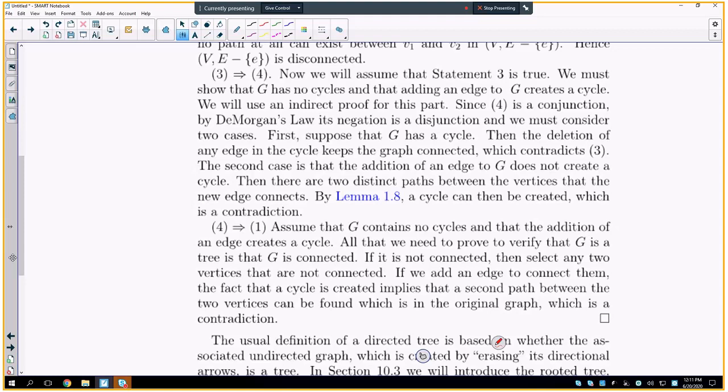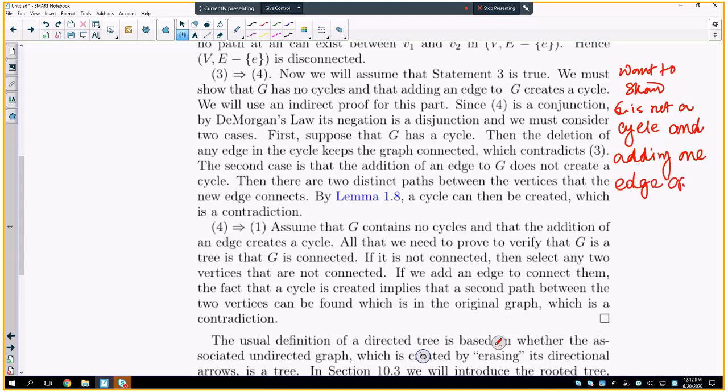So let me write them down and help you understand the conjunction disjunction situation. So you want to show G is not a cycle, and the other claim is that, and so this is where the logical connective comes in, adding one edge creates a cycle.